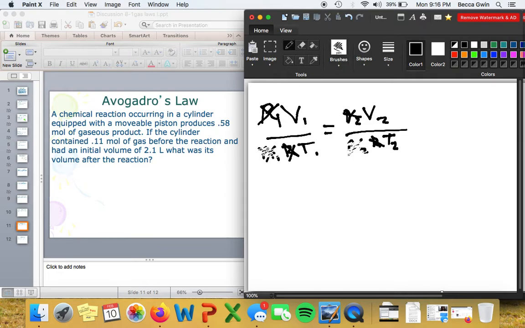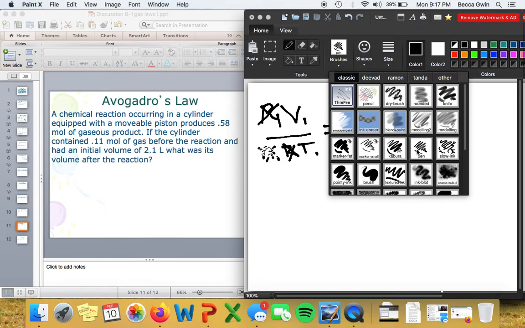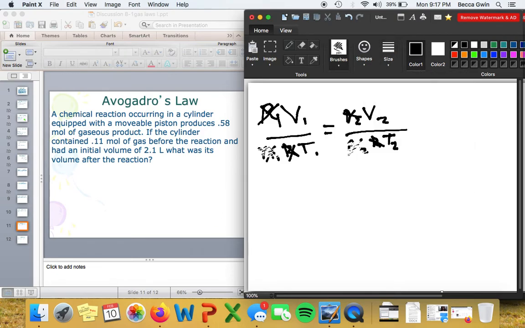So we do need our moles. We don't want to cross those ones out. I'm going to put those back in there. So N1 and N2. What I meant to say is we do not need our temperature, so I'm going to cross that out. When you take out the variables you don't need, all of a sudden you are left with the relationship of the ones that you do. So even though we did not specifically say, hey, this is a law in our previous slide, we can take out those variables and figure out how we're going to solve this.